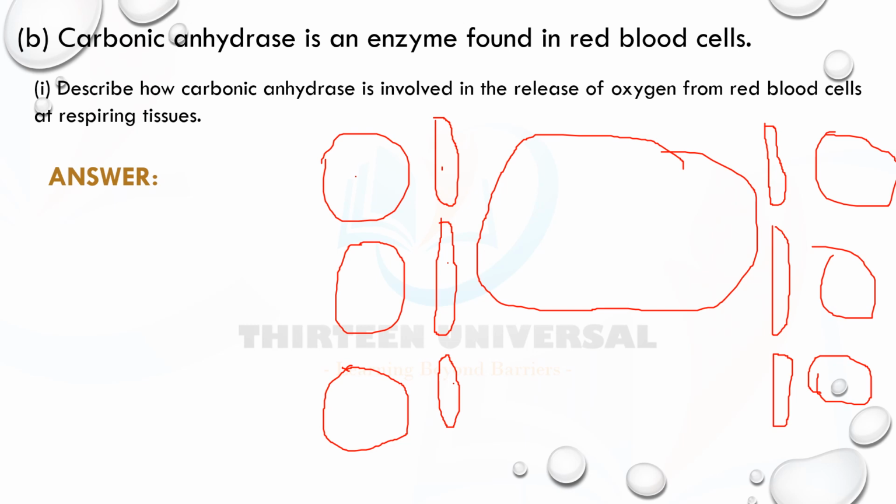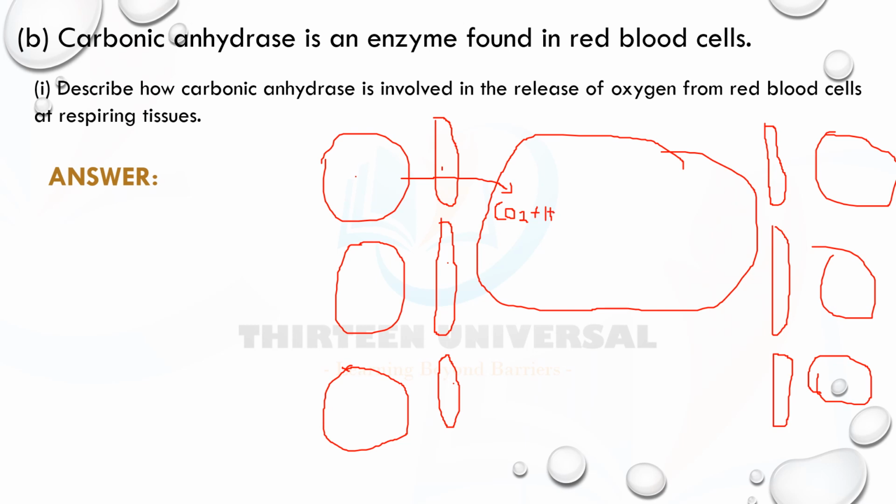So CO2 diffuses from these cells, passes through the endothelium and then enters the red blood cell. Can you see? CO2 reacts with water, remember? Inside red blood cells, CO2 combines with water. You remember this equation?